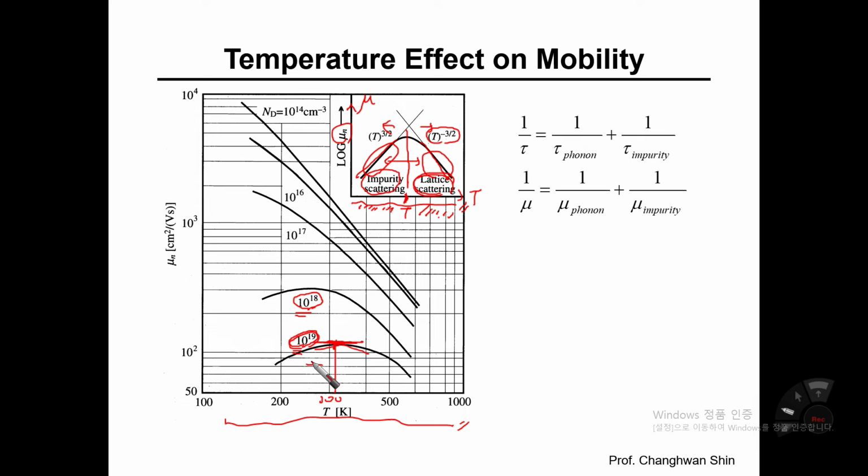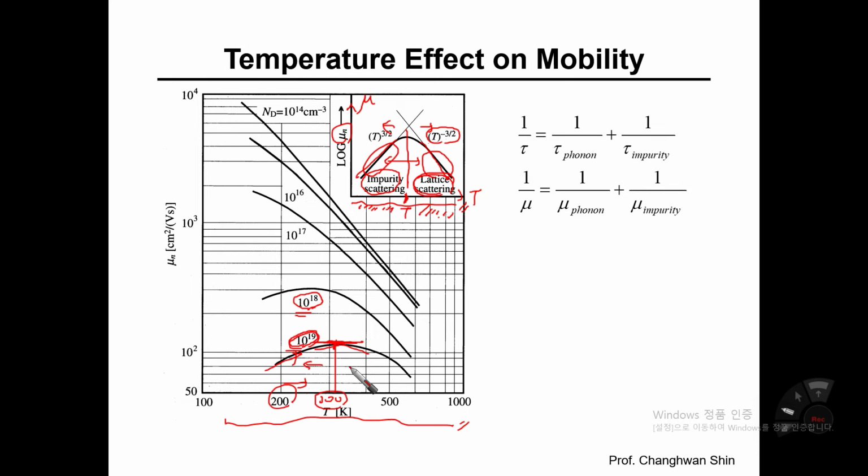As temperature increases from 200 Kelvin toward 300 Kelvin, the mobility increases. Why is that? Because phonon scattering is negligible. However, the impurity scattering is the main one. So as temperature increases, the mobility also increases.